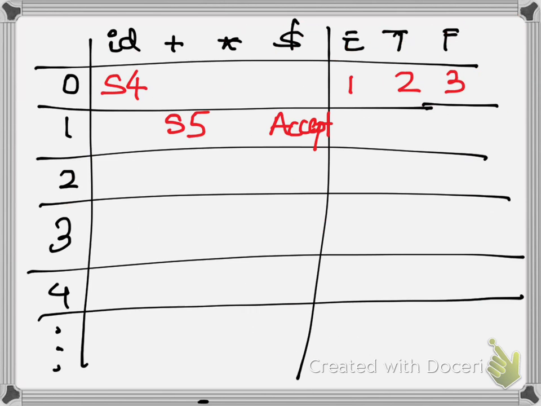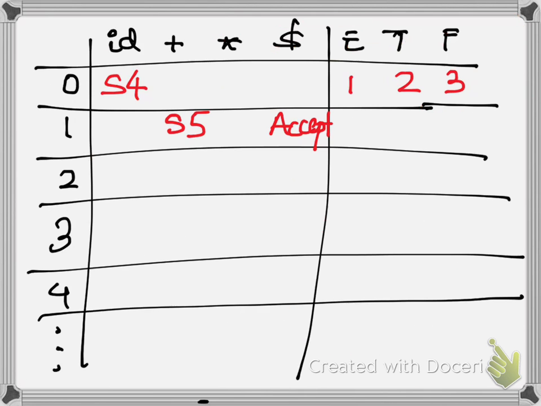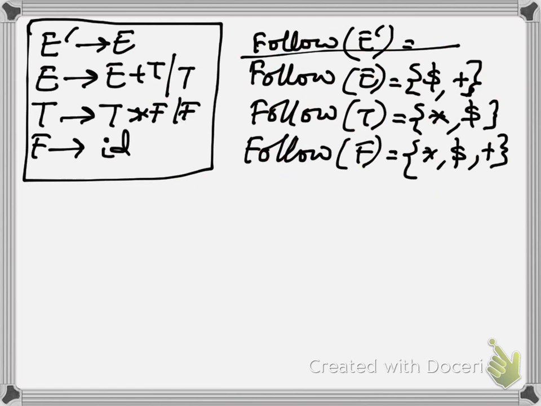Next, for state 2, I2, that is this one, again you have one reduce and one shift. So E derives T dot. So instead of putting reduce in all the columns, we are going to put reduce only in the follow of E. So follow of E is plus and dollar.